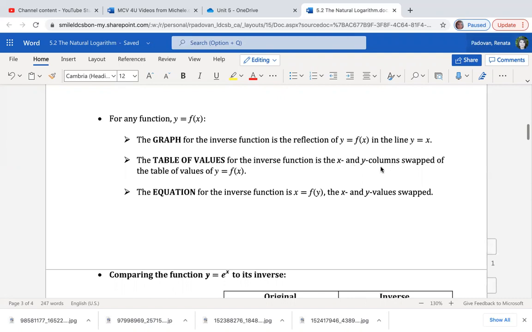The x and y columns will be swapped if I'm doing an inverse. So if I wanted to graph an inverse, I'm graphing my line y equals x and reflecting over this diagonal line. If I have a table of values, I'm just swapping my x and y columns. This is from grade 11. And if I'm looking at an equation, I'm simply swapping my x and y variables in order to get the inverse function.